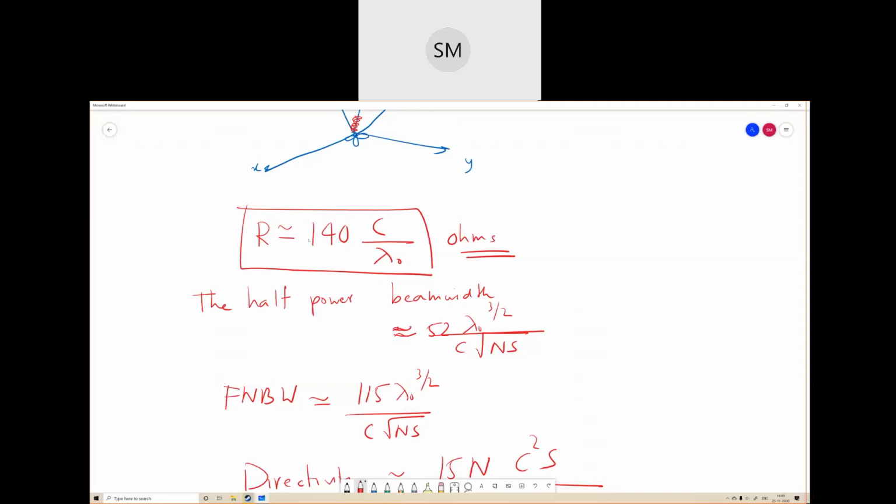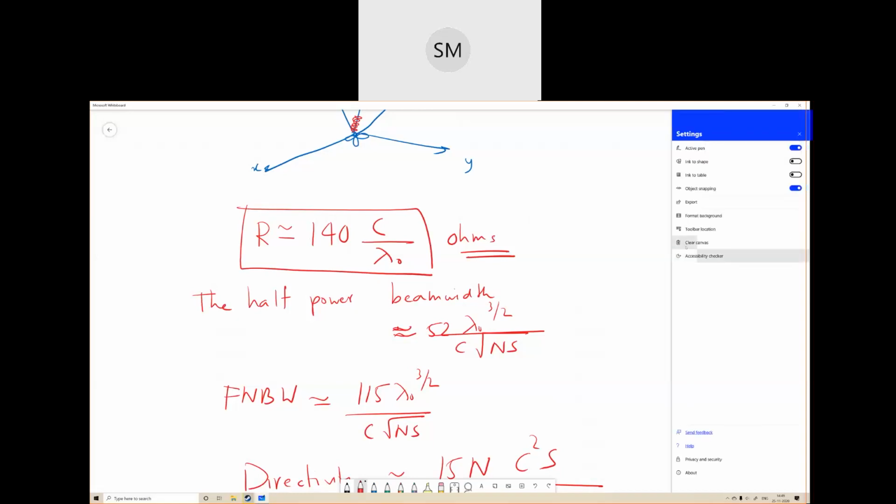The next antenna which we are going to discuss today is the Yagi-Uda array.